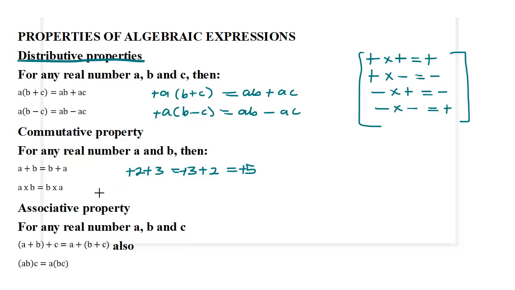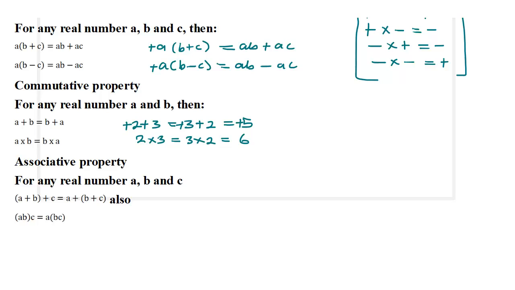The same thing applies to this. a times b is equal to b times a. It's just like saying 2 times 3 is equal to 3 times 2, which is equal to 6. So lastly, associative property. For any real numbers a, b, and c, a plus b plus c is equal to a plus into bracket b plus c. So if you have, say, 2 plus 3, plus 5, what we are saying is that all of these are the same, because what is connecting them is addition.